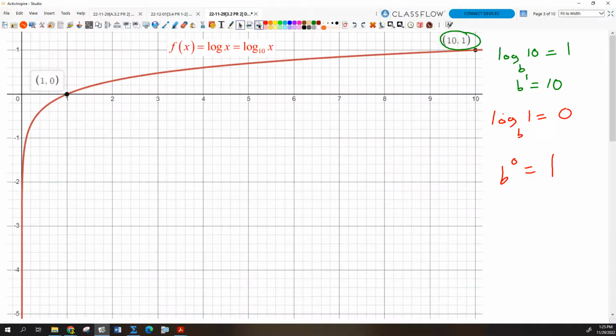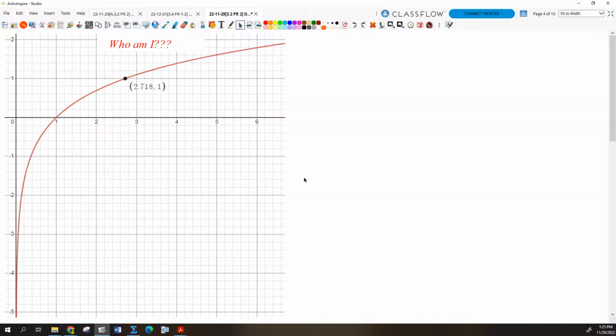All right. So who am I? That's a weird decimal. What is that decimal? You could figure it out, right? Because you know that this is some log function.